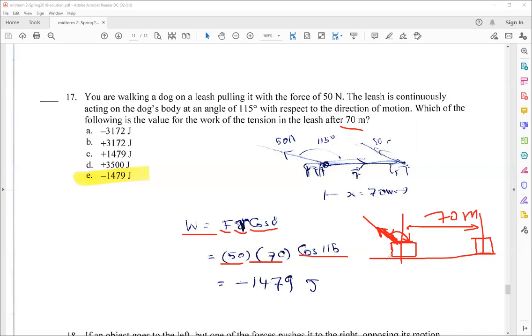Right. Now, what does that tell you? So you're applying a force towards you, and the dog is still moving forward. That means you're expecting to get a negative value of work. What does that mean? The work is done by the system, in this case, the dog.